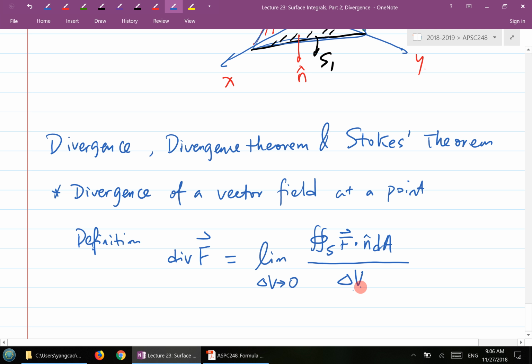So the volume delta V is the volume enclosed by the surface S. Mathematically, that's what this means.